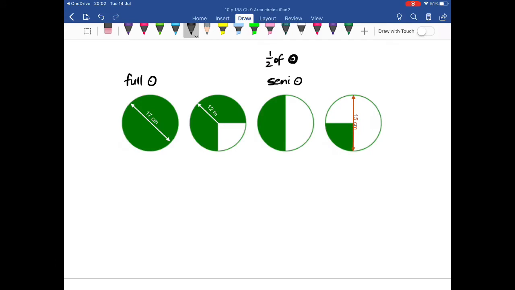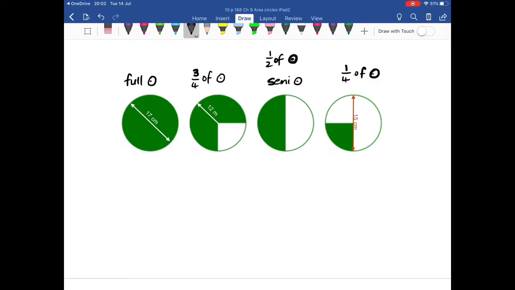The green shaded part here is 3/4 of a circle, and the shaded green on the end one is 1/4 of the circle. So if you can recognize those shapes, you can quite easily find the area.